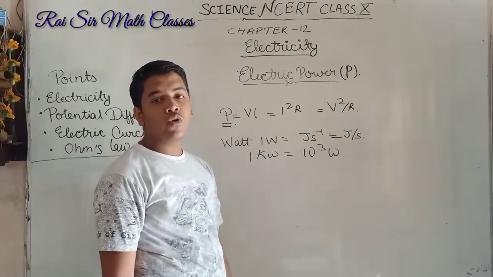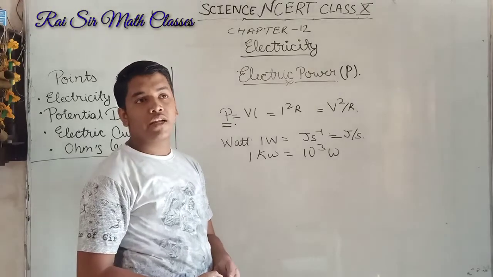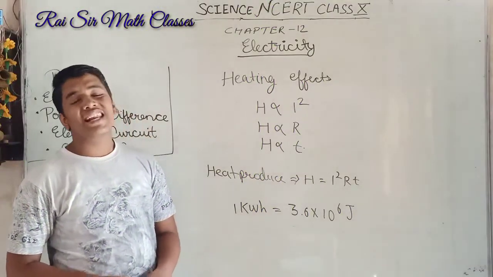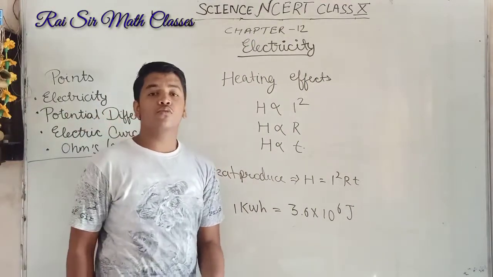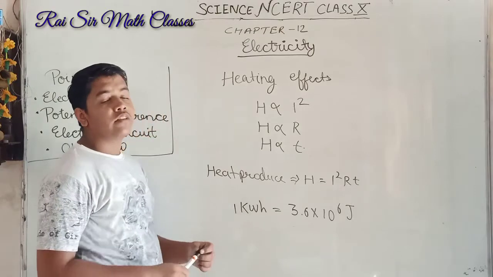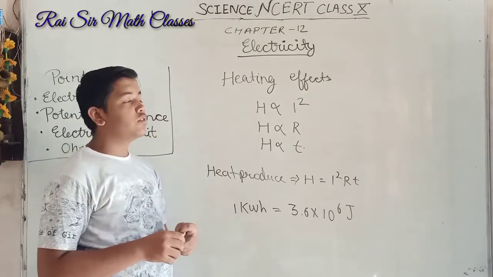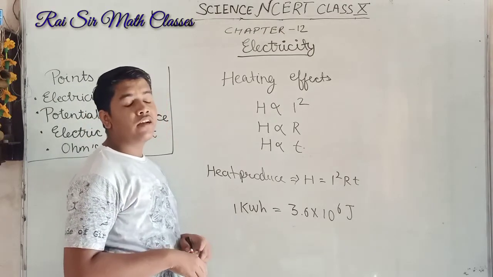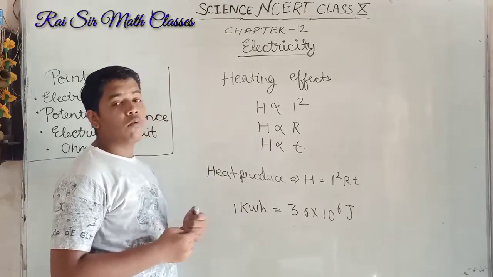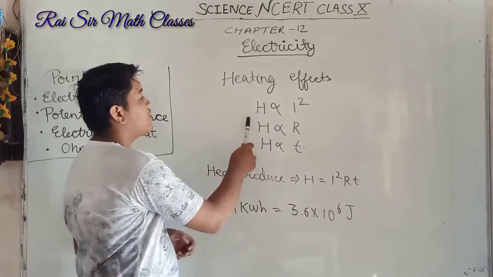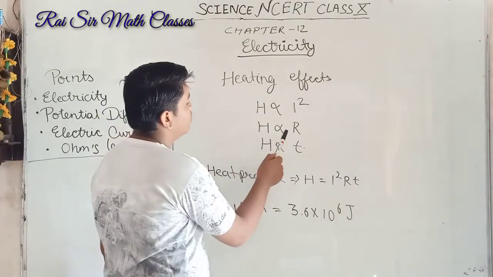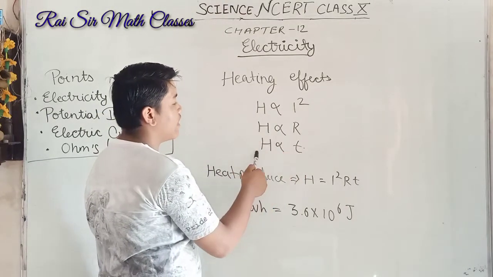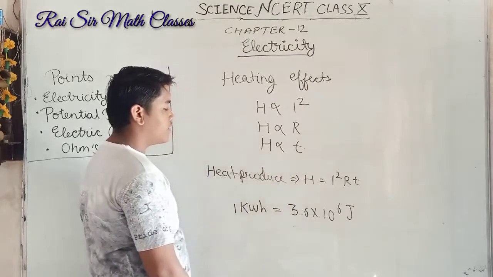Next we are going to study the heating effect of electric current. Our last topic of this chapter is the heating effect. There was a scientist, Joule, who stated a law in the form of variables that H is proportional to I square, that is electric current, H is proportional to R, that is resistance, and H is proportional to T, that is time.